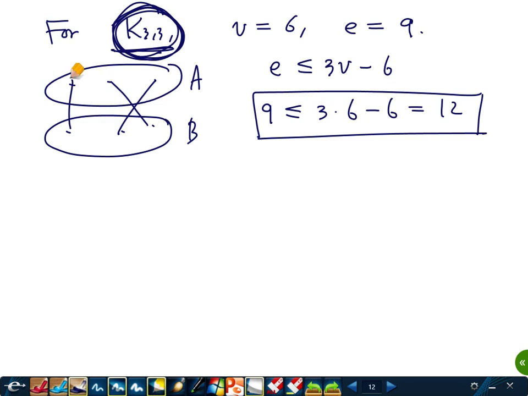So for a bipartite graph, we have a better, more accurate inequality. Let me tell you the theorem.